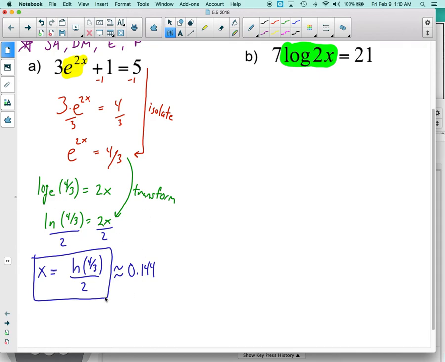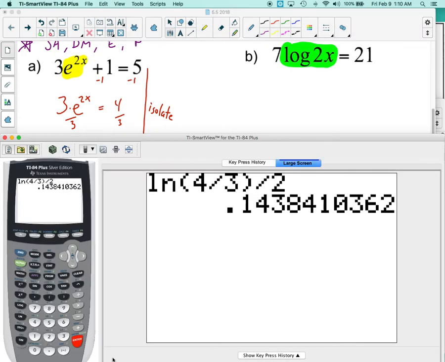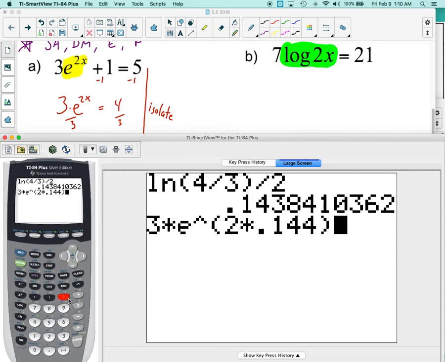And if you really were curious and you had to check that, you always could. So 3 times e to the, and then 2 times, if we use our approximation of 0.144, and then plus 1. And we should get something really close to 5 when we do this.